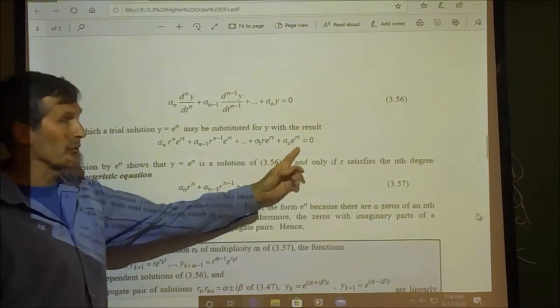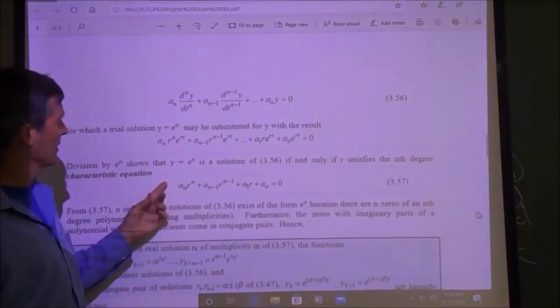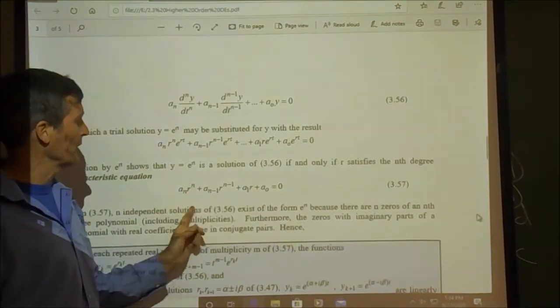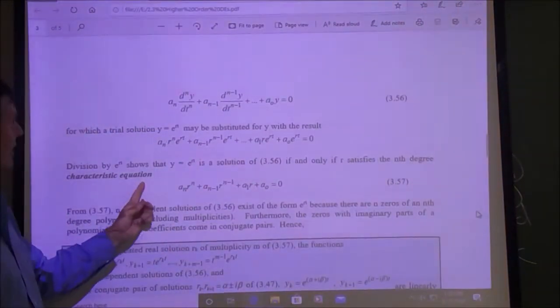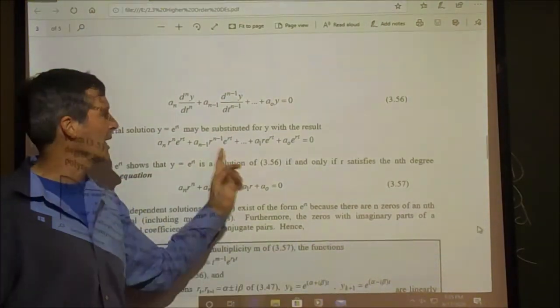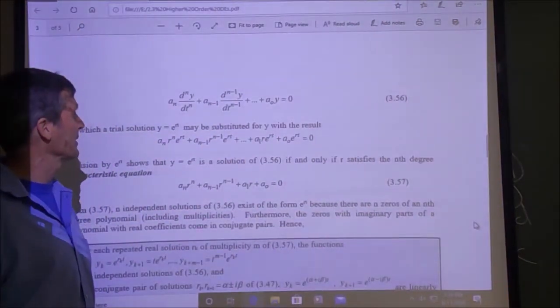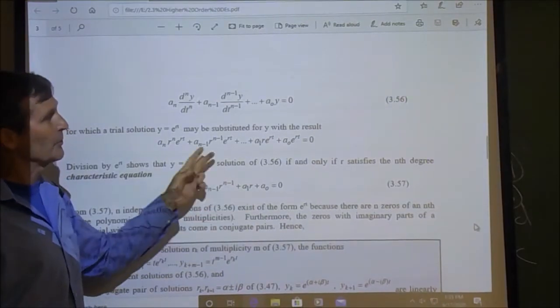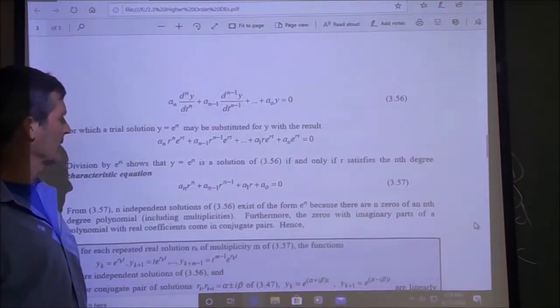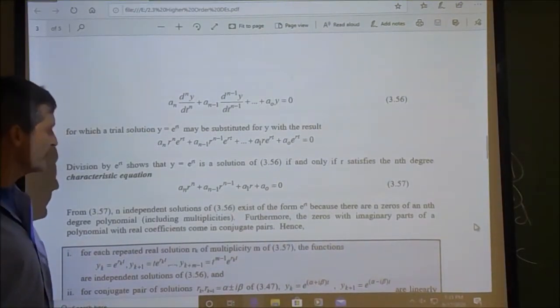Now you can divide through by e to the rt, because after all it is never 0, right? E to the anything is never 0. And we get this polynomial equation that's called the characteristic equation for the nth order differential equation. It should sound just like last time, just for nth order equations in general, n equals 1, 2, 3, 4, 5, on forever, instead of just second order equations that we did last time.